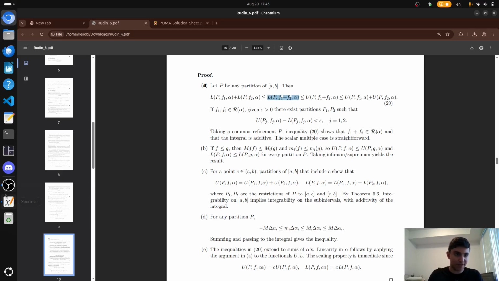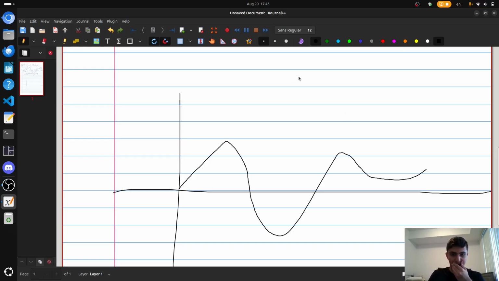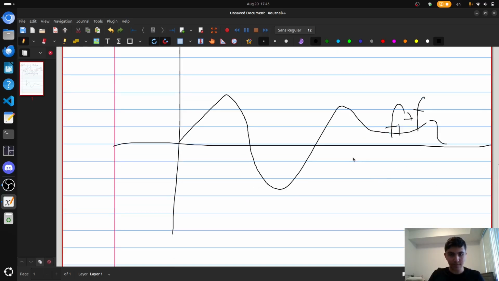Let me give you a visual example. For example, let's say you have f1 plus f2 is this, right? This is the infimum of f1 plus f2.